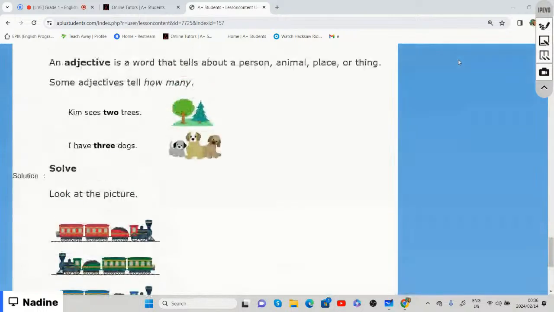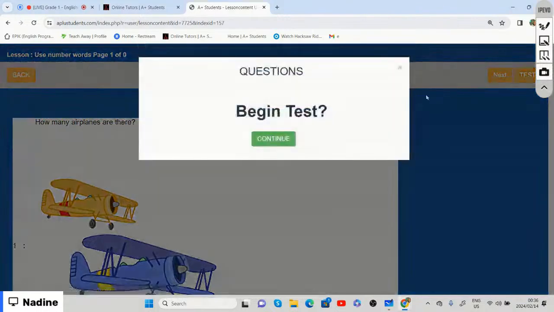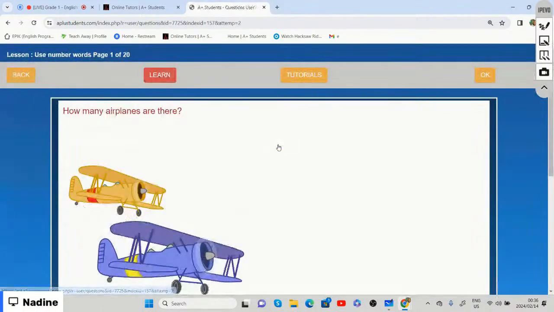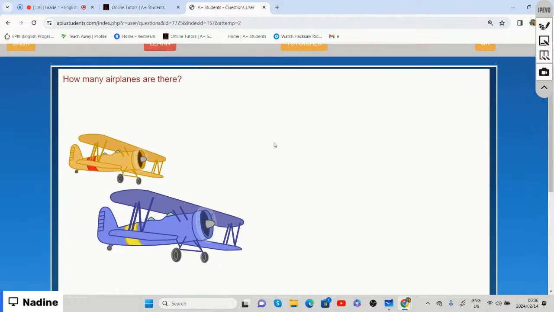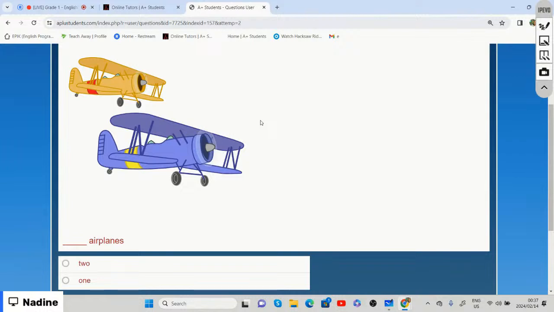All right, so now we're going on to our test. And we are using number words. So if we look at this picture, how many airplanes are there? Do we have two airplanes or do we have one?